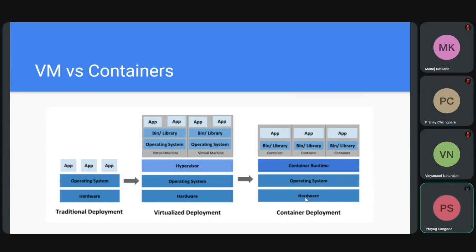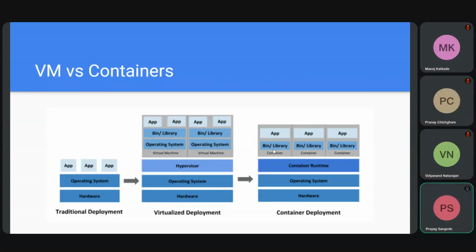In a container, we have a single operating system and a container runtime. Docker is one of the container runtimes. Whatever is required to run the container is called the container runtime.